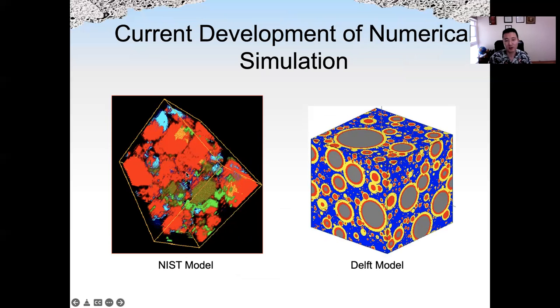Here we talk about some models, which can help us estimate the porosity and study the hydration process. This is one model from NIST, the National Institute of Standards and Technology, the government agency in Washington, D.C. Another model we are going to discuss is from Delft University in the Netherlands.